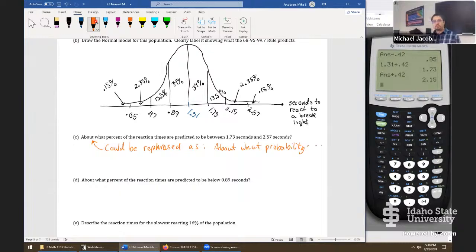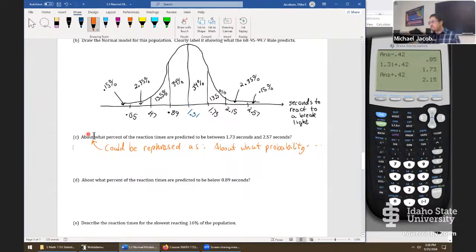So in a real sense, when we're using normal models, we're really dealing with probability. And whether you give a probability, that's just a number in decimal form, or a percent, that's just a choice of unit. You're really doing probability when you're working with this model, which is kind of a fun thought. We haven't formally dived into a probability section just yet, but in a lot of senses, we've been kind of doing it here and there along the way.